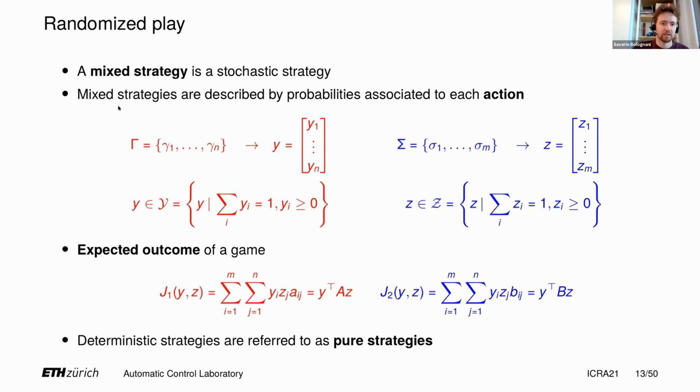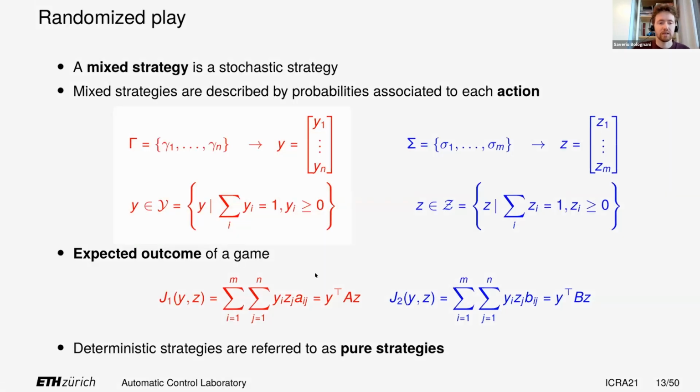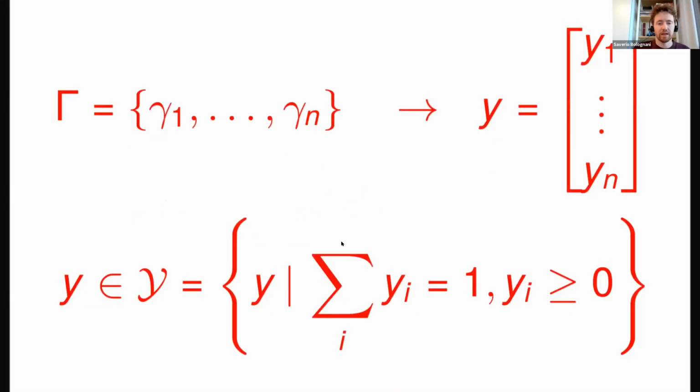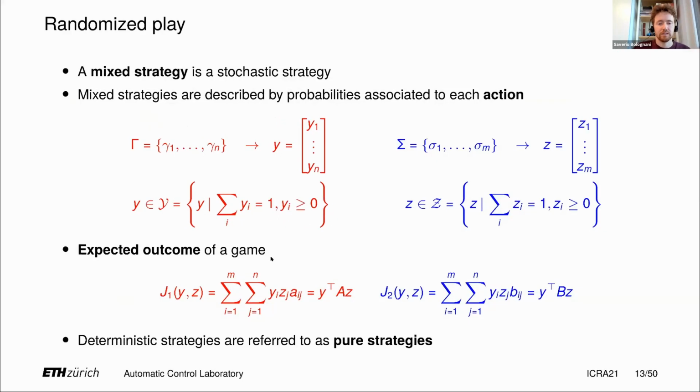So let's look at player one only first. If you have 1 to n, the actions for player one, gamma 1 to gamma n, then a mixed strategy is a vector y, which presents probabilities of player one playing strategy 1 to player one playing strategy n. And of course, these are probabilities, so they belong to the simplex, where the sum of all probabilities is 1 and they are all greater or equal than 0.